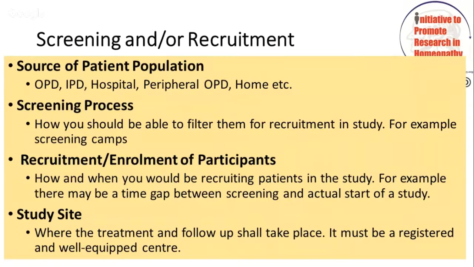There are times when we say that we have screened the patients, we have counseled them, and within 3 months we are going to start the study. Or we can say that we have screened the patient, and as soon as the screening is over, we are recruiting them within the trial.